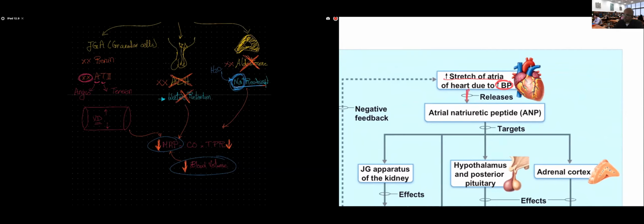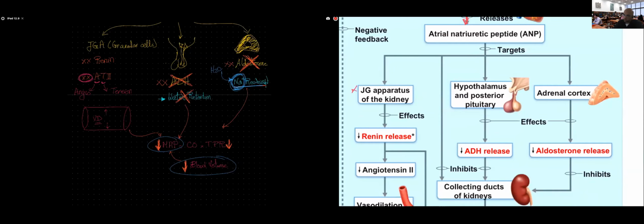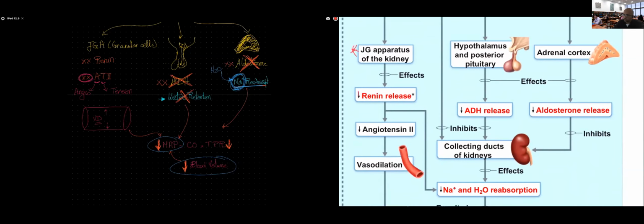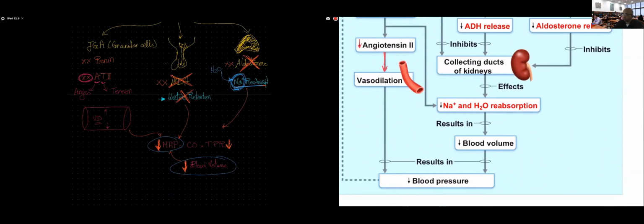When atrial natriuretic peptide is released, it targets the juxtaglomerular apparatus, causing a reduction in renin release. And if I don't have renin, I won't have angiotensin II that constricts the blood vessels. So in the absence of angiotensin II, this is going to result in a dilation of the vessels. The reduction in the total peripheral resistance is what causes the decline in the blood pressure.